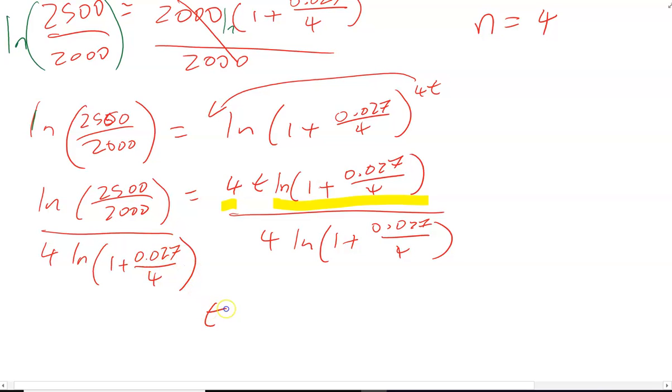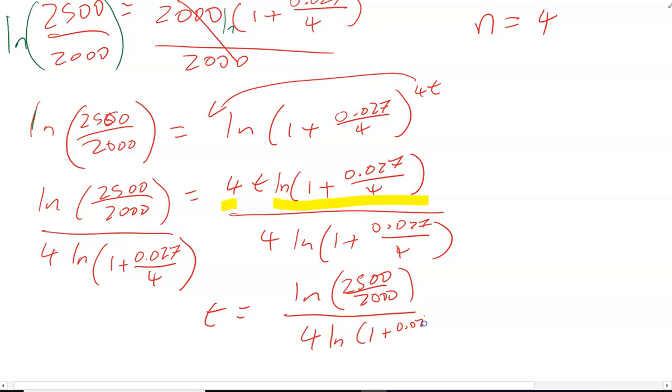So this is what your t will be: ln of 2,500 over 2,000, over 4 ln of 1 plus 0.027 over 4. You plug that in your calculator, you should get 8.29 years.